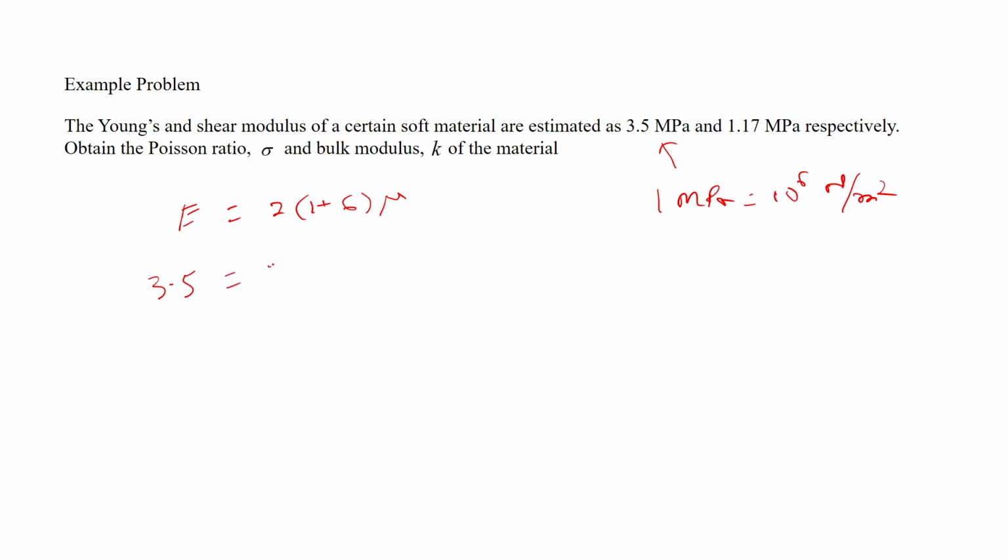So, 3.5 megapascal is equal to 2 into 1 plus sigma, the Poisson ratio, into mu, which is 1.17 megapascal. Therefore, sigma is equal to 3.5 divided by 2 into 1.17, minus 1. We can calculate that using a calculator.